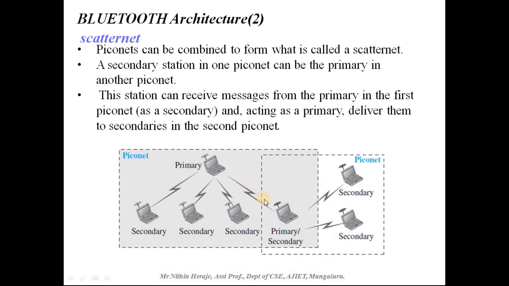Whatever data it received from the first primary, this node sends to these secondary nodes. So as a secondary node of one piconet it receives the data, and for the second piconet it acts like a primary node and sends the data received from the first piconet. Altogether, that is called a scatternet.